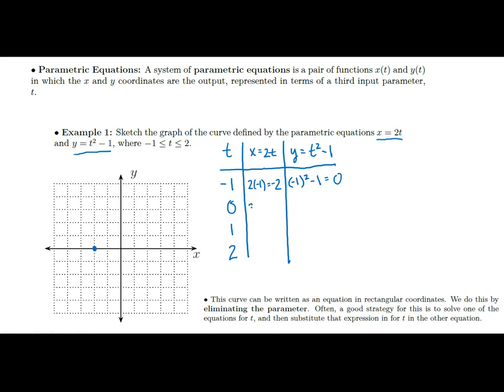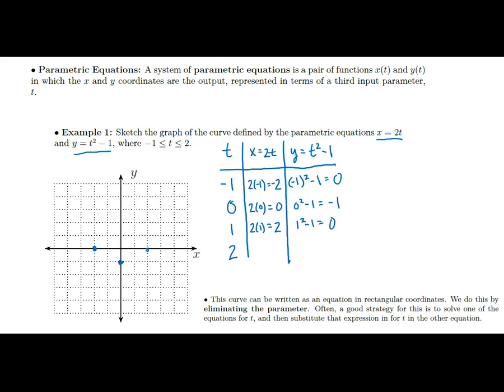All right, if I put 0 in, I of course get 0 for my x, and -1 for my y. So 0 for x, -1 for y puts me right there. And then when t is equal to 1, we get 2 and 0.